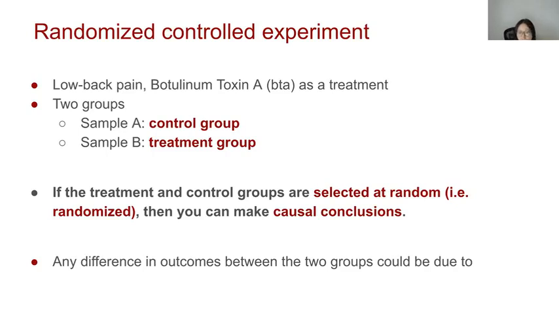And here, because of the randomization step that we're able to enforce, any difference in the outcomes between the two groups could be due to two types of sources. One is the chance model, which will be our null hypothesis, or it will be due to the treatment, which is usually referred to as the alternative hypothesis.